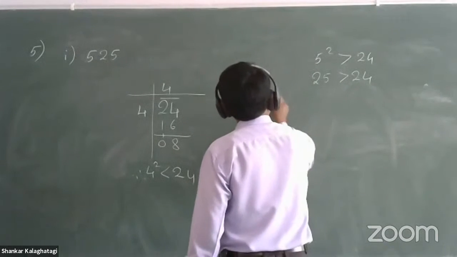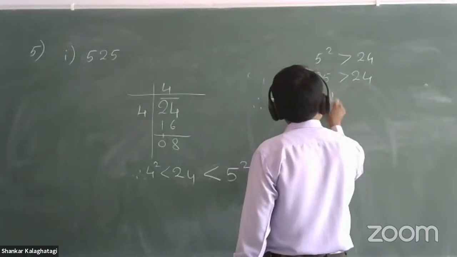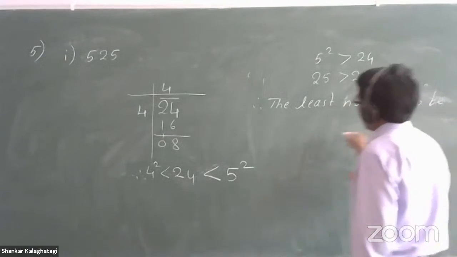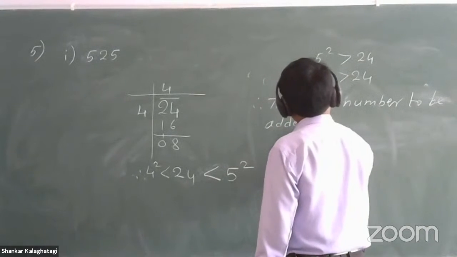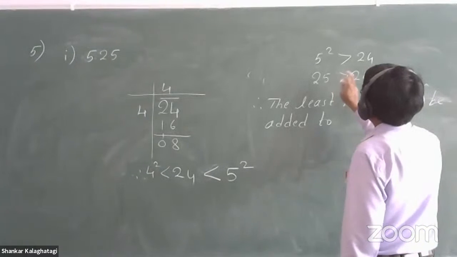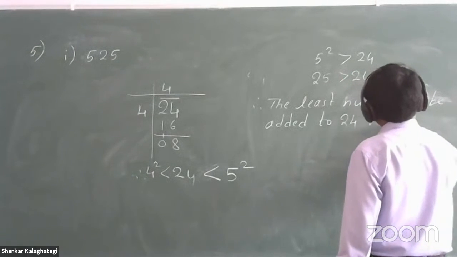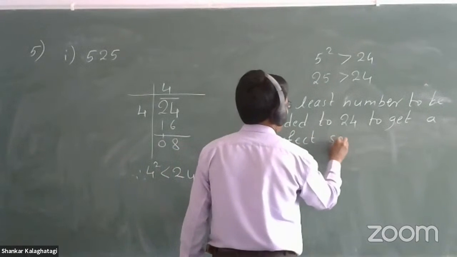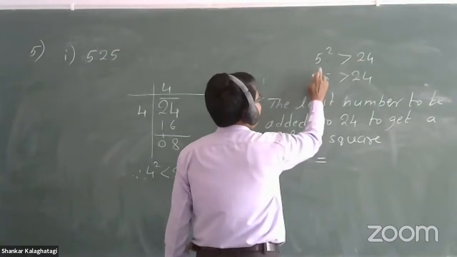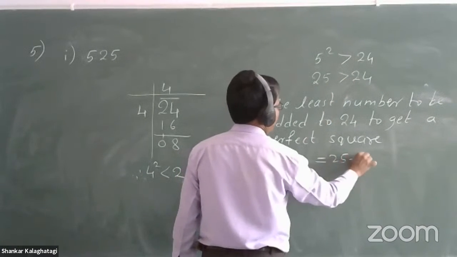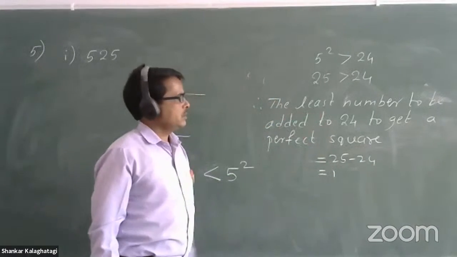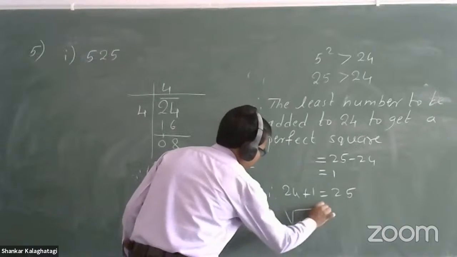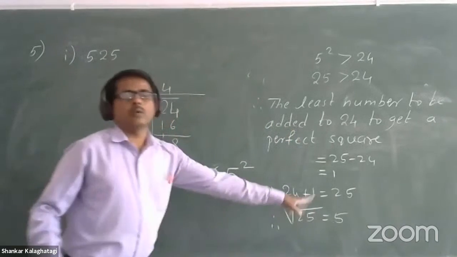Therefore, the least number to be added to 24 to get a perfect square is 5 square minus 24, that is 25 minus 24 equal to 1. Therefore, 24 plus 1 equal to 25, and the square root of 25 equal to 5. The square root of the number obtained is 5.